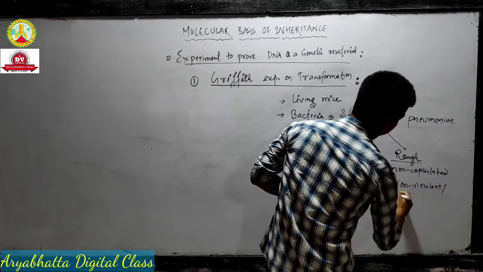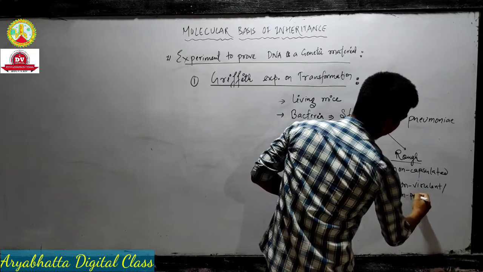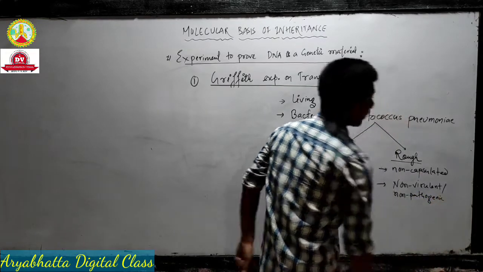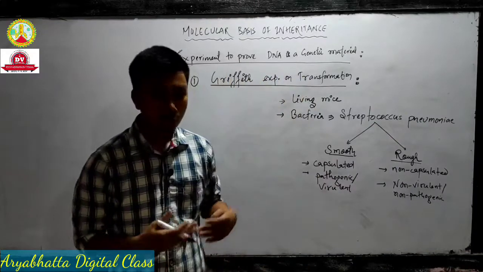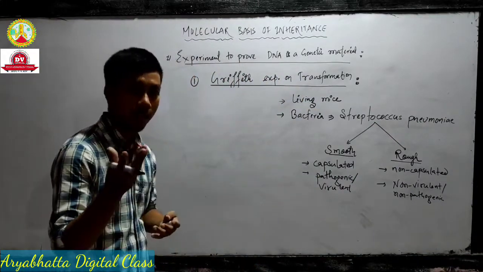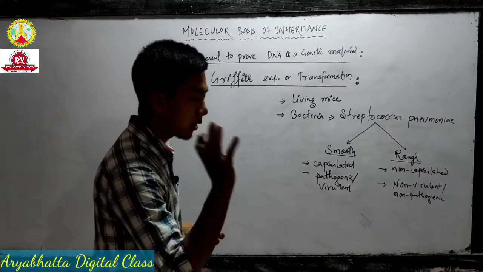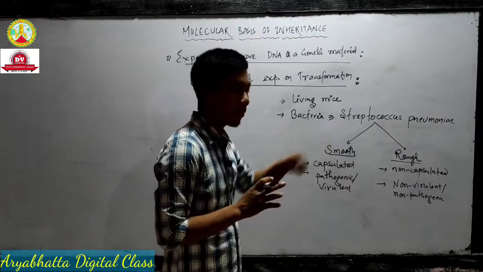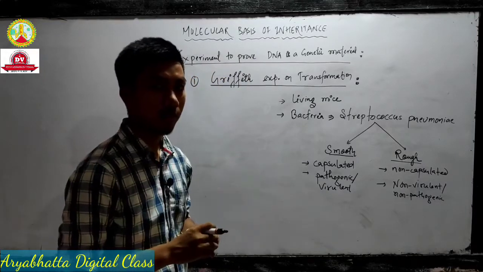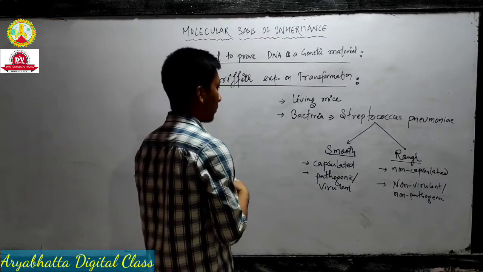They are non-pathogenic. So Griffith found out that the bacteria produces two types of body, one smooth and one rough. The smooth one is the actual bacteria that causes diseases, and the rough one does not cause any diseases. So they are non-pathogenic.